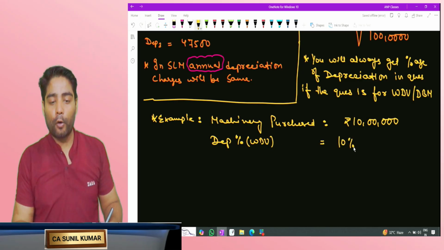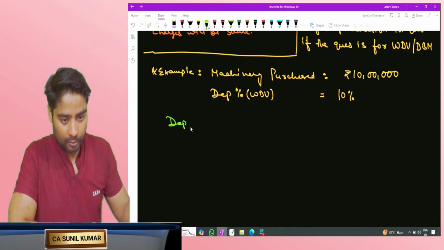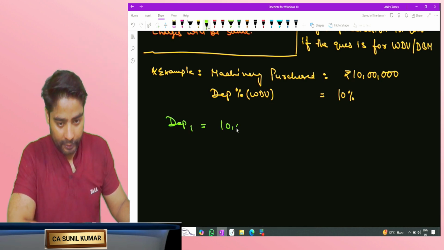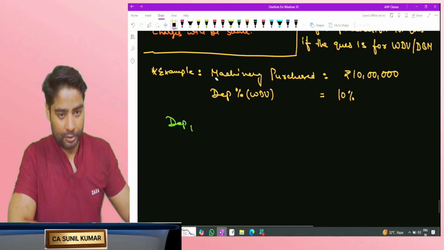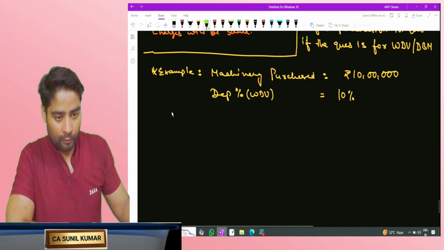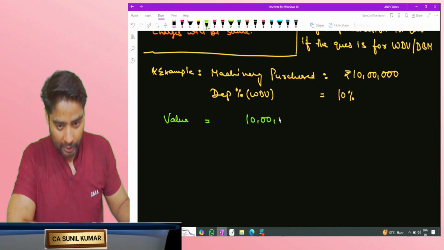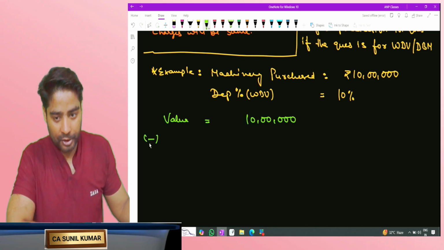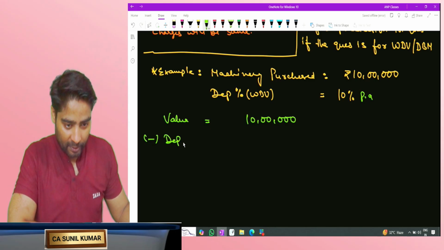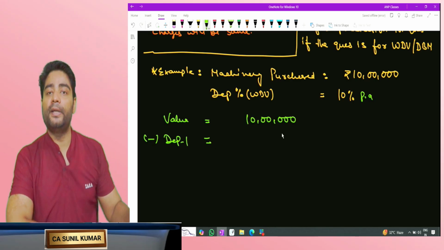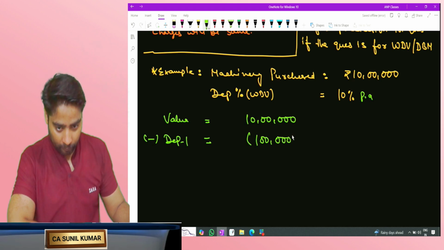Okay, so what will be my depreciation for year 1? The value is 10 lakh and depreciation is 10% per annum. So what will be my depreciation for year 1? Sir, it will be 10% of 10 lakh. And 10% of 10 lakh is 1 lakh.